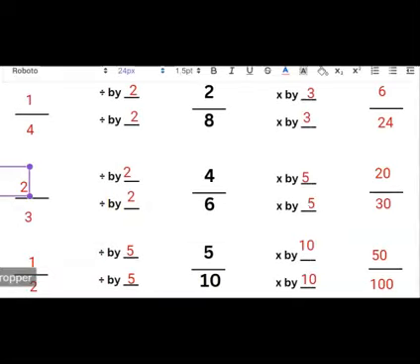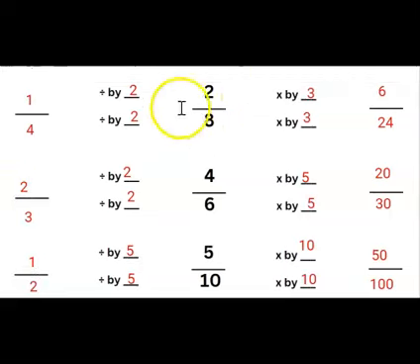Looking at our last few examples, here's what we've got. 2/8. When I look at both of those numbers, they both divide by 2 because they're both even numbers. 2 divided by 2 would equal 1, and 8 divided by 2 would equal 4. So 1/4 and 2/8 are equivalent fractions.